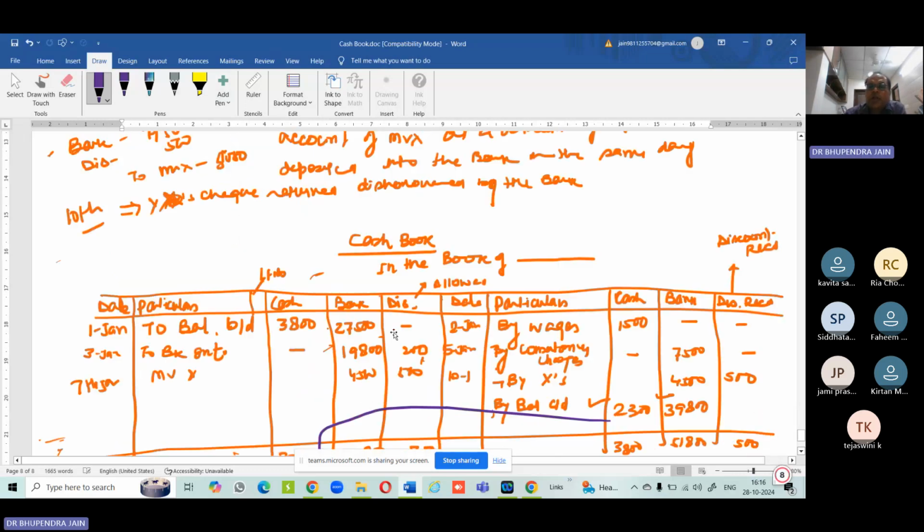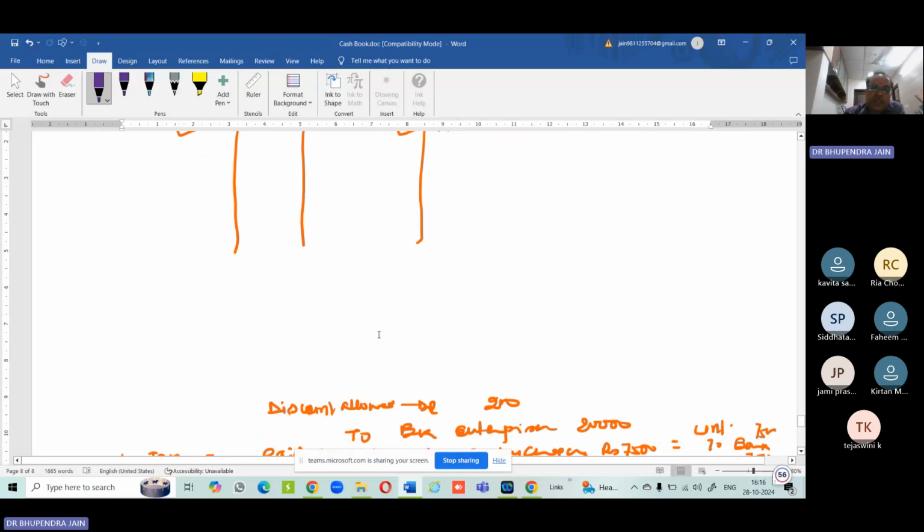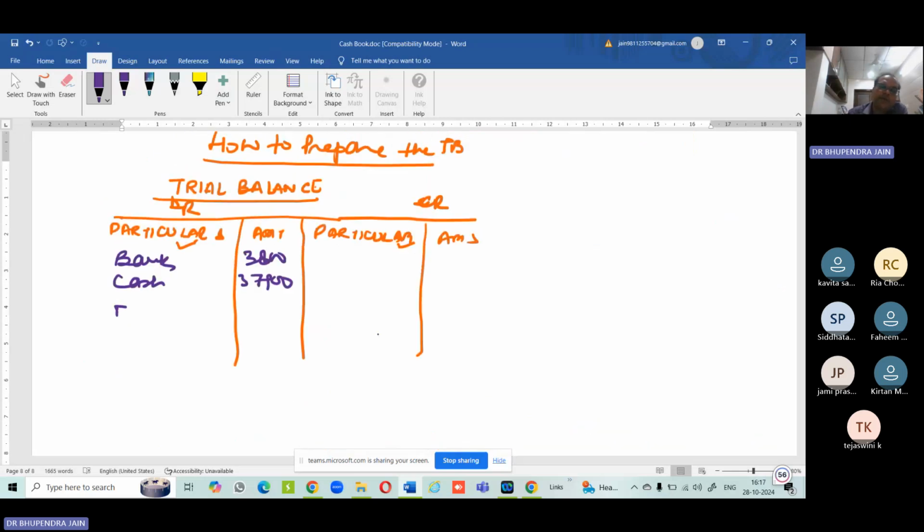Now the total of discount allowed is 700 and the total of discount received is 500. Discount allowed is an expenditure. Where will we write it, beta? Here, discount allowed 700, and discount received we will write down here, 500.